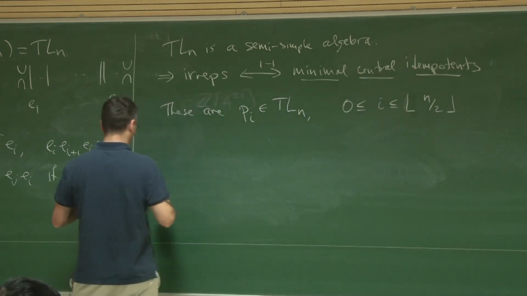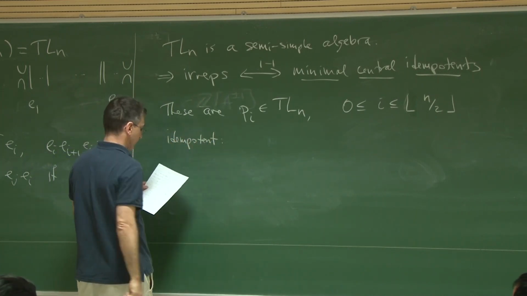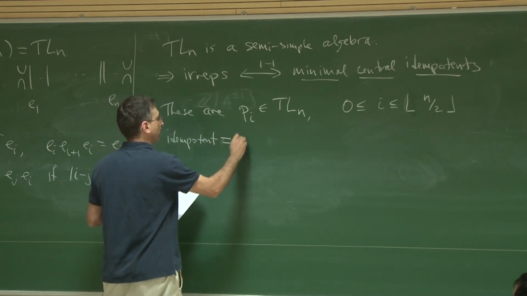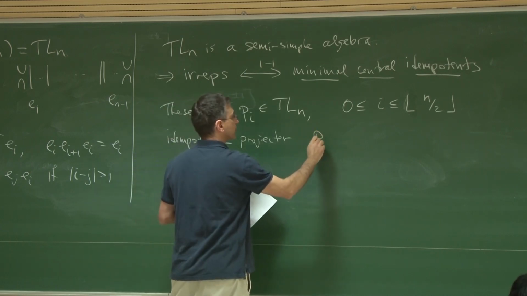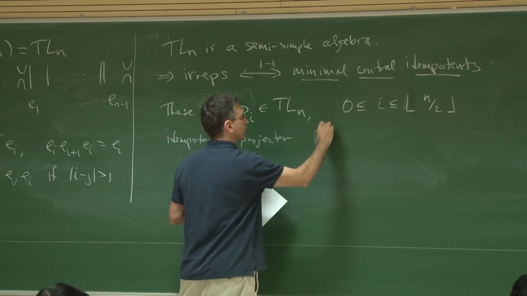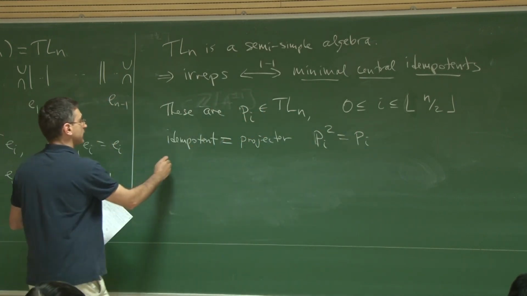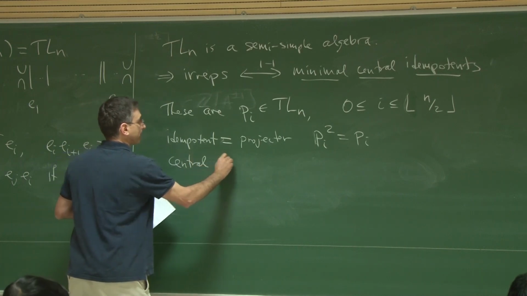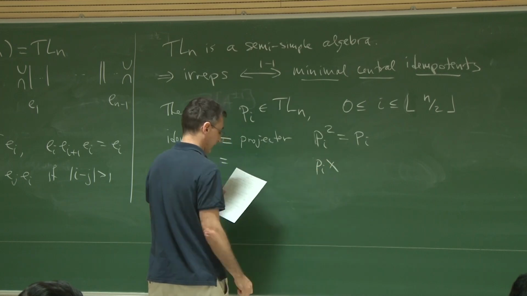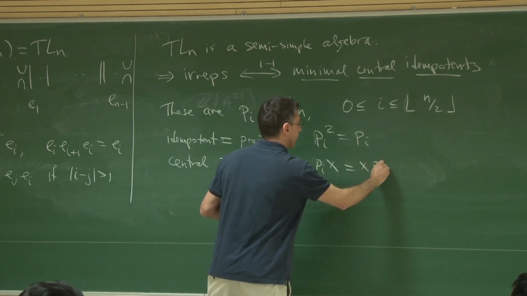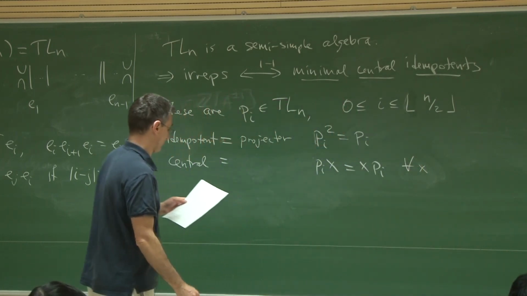Okay? So if I have an idempotent, this is a projector. So pi is an element in the algebra such that pi squared equals pi. Okay? Central means that pi x equals x pi, for all x in this algebra.